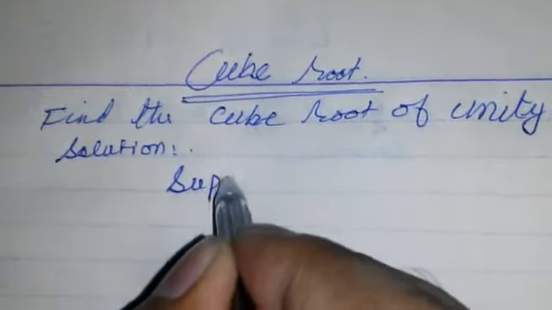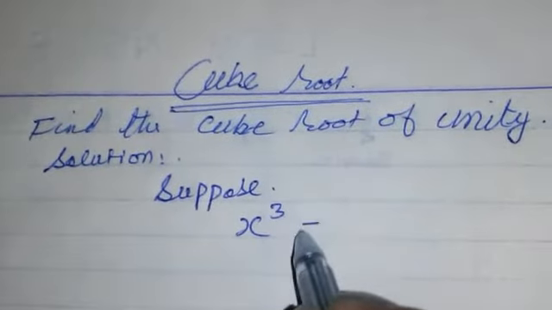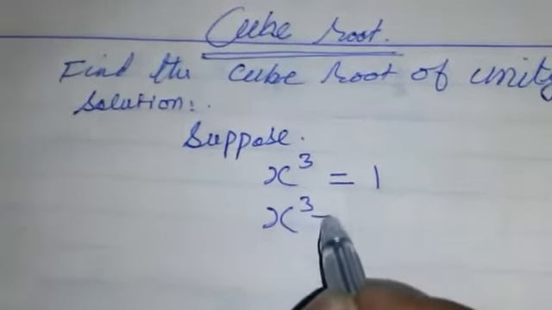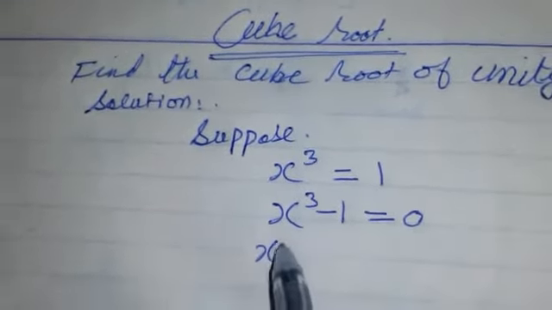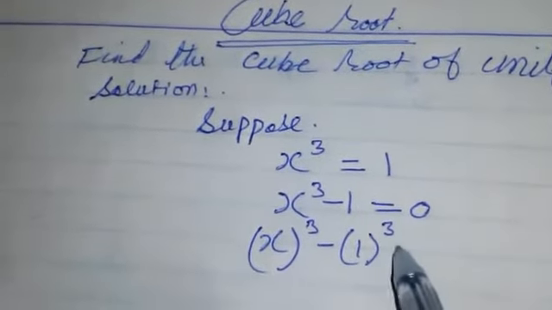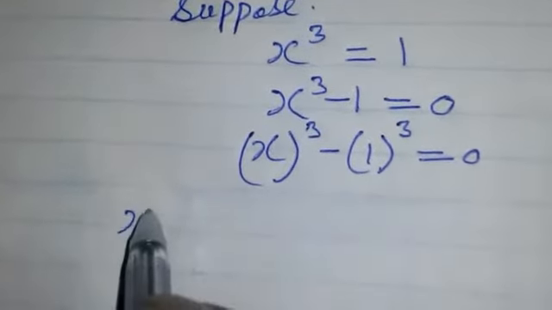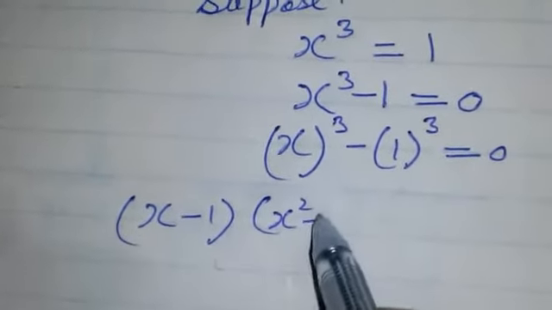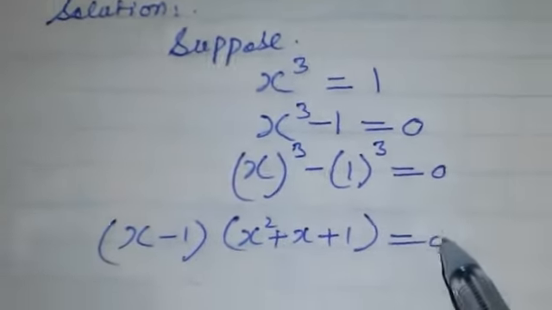Suppose x cube is equal to 1. So x cube minus 1 is equal to 0. We can write it as x cube minus 1 cube is equal to 0, and we know that we expand it: x minus 1 into x square plus x plus 1 is equal to 0.